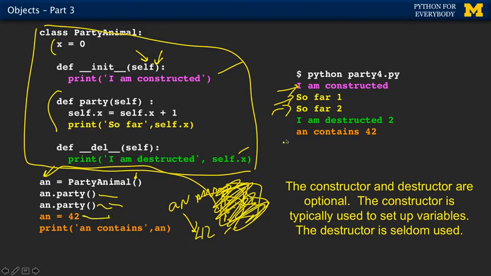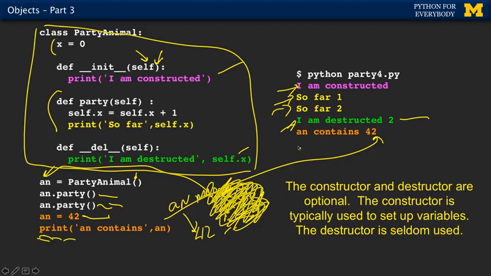So in this line of code, you see the last thing that comes out of this object is I am being destructed and my last value of x was 2. And so then this is thrown away and can be reused, and then 42 is there, and then we print out and contains 42. At the end of the program, this doesn't have a destructor because we don't have a print statement inside of an integer class because we didn't make the integer class, but all things are destructed at the end too.